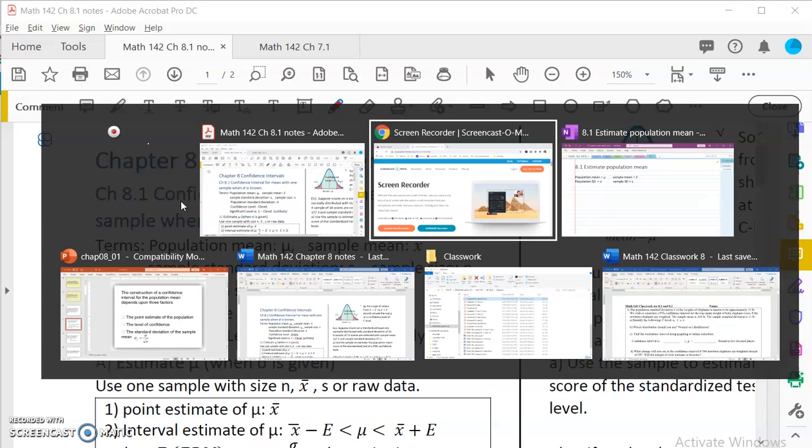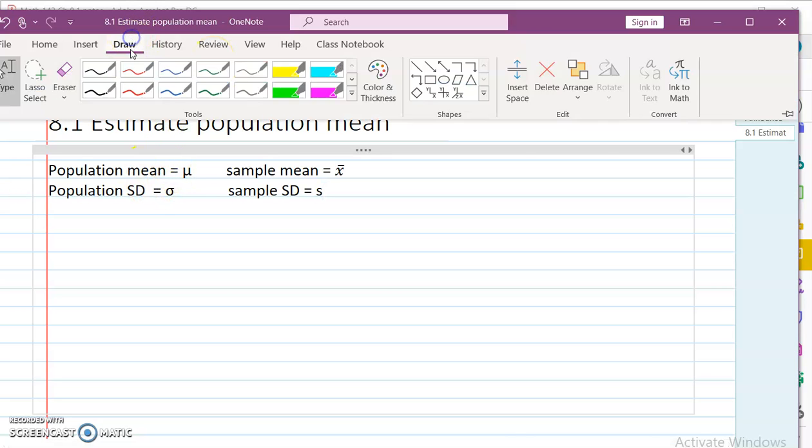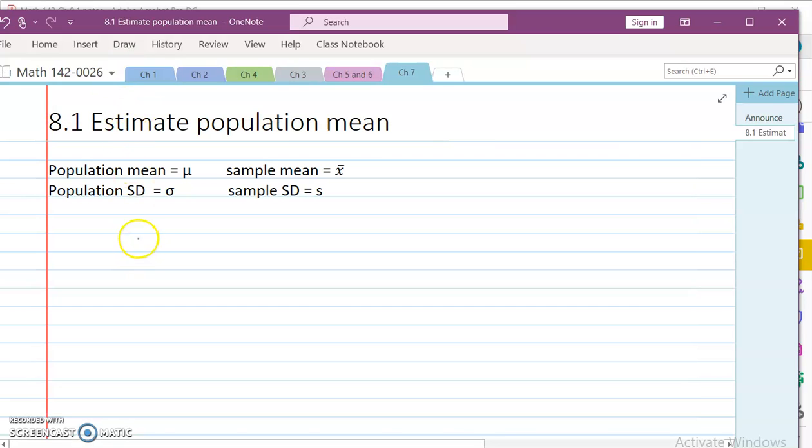What you have been doing was, we say, oh, we have population data. It's very big. We cannot collect all the data, we cannot know every single value. So what we do is we collect a sample.